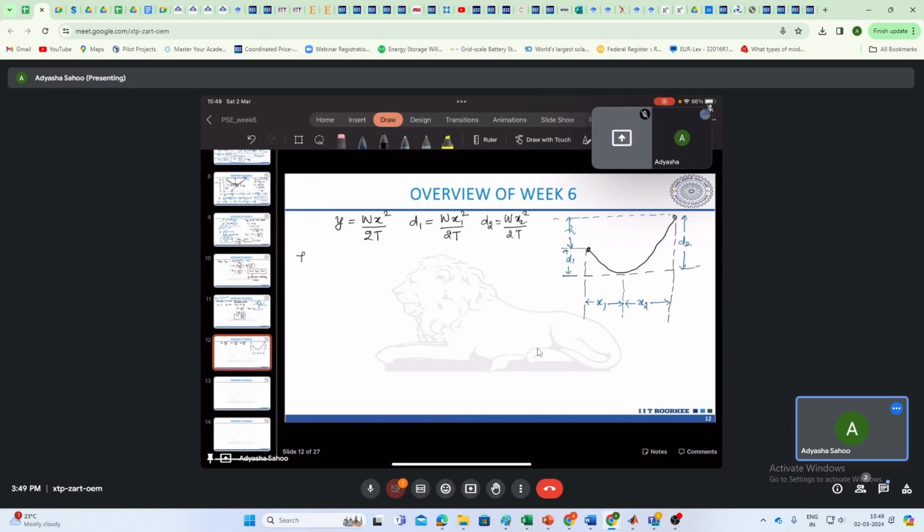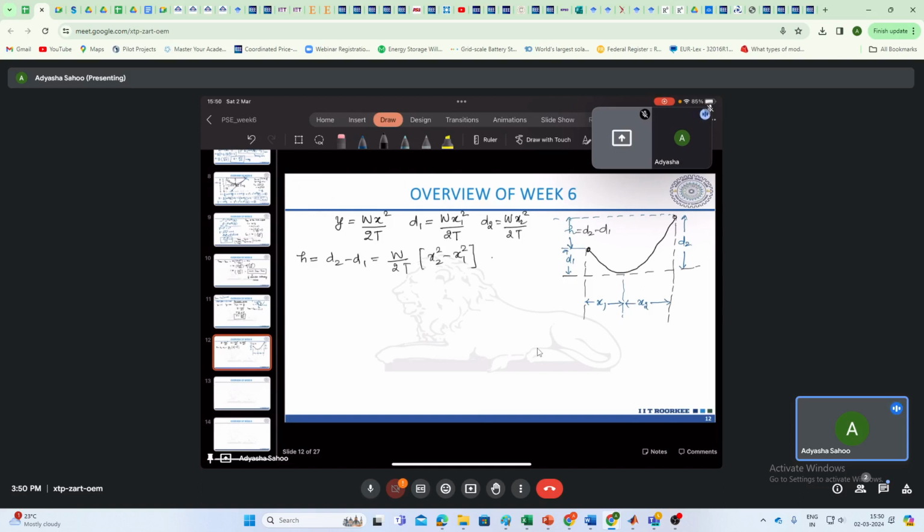So this H can be written as D2 minus D1. So D2 minus D1 will get us W by 2T, X2 square minus X1 square, right?